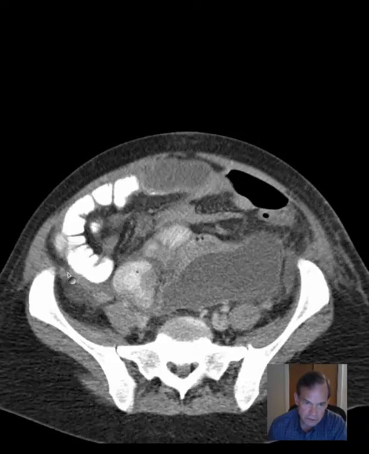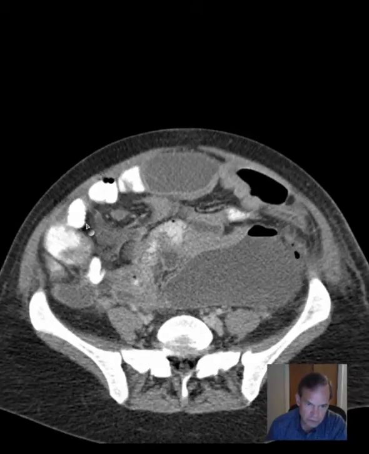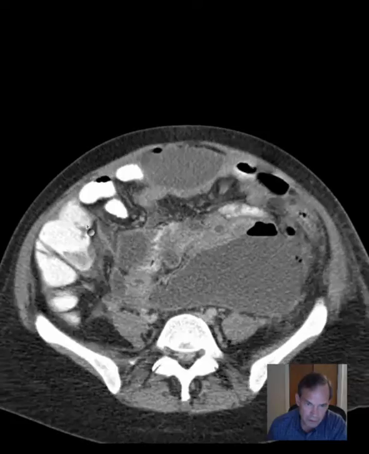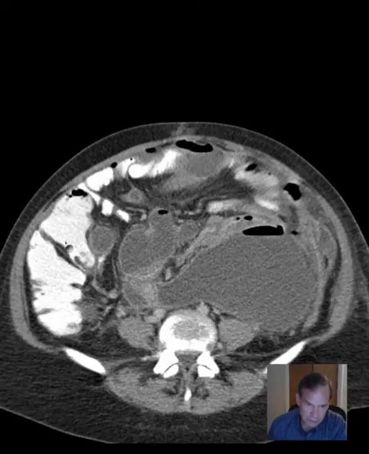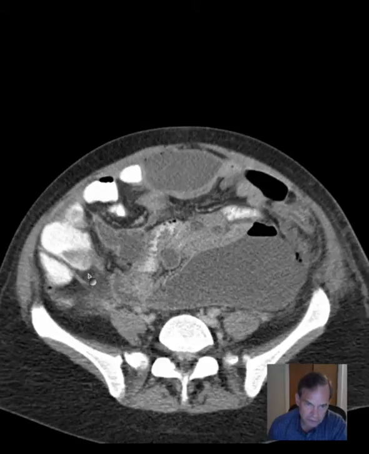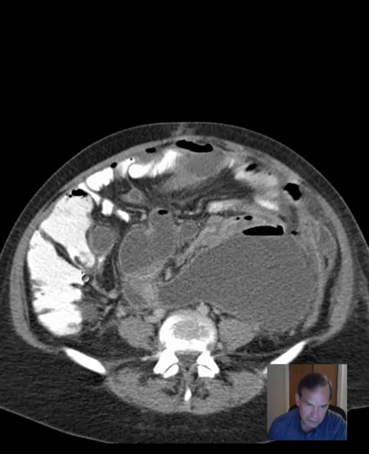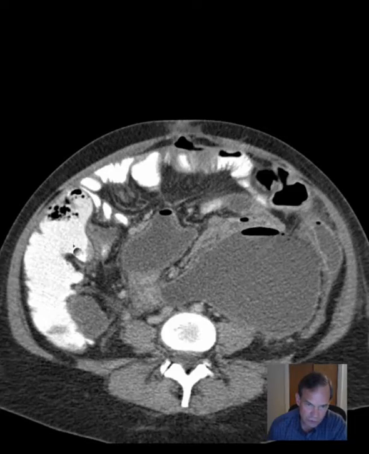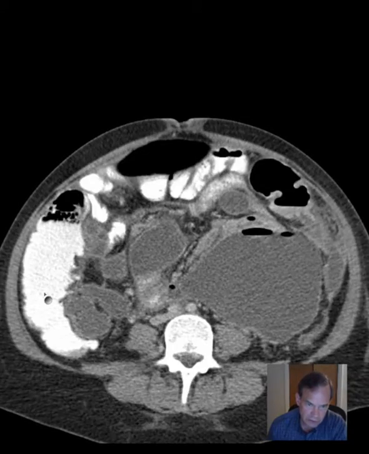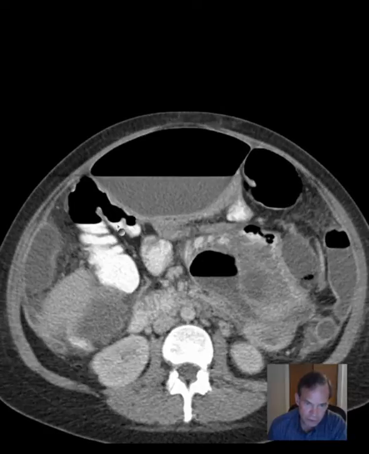This is ileum, and this is right colon. Here we are at the terminal ileum, entering at the ileocecal valve into the right colon. This is cecum here. And then as we go up more superiorly, this is right colon.